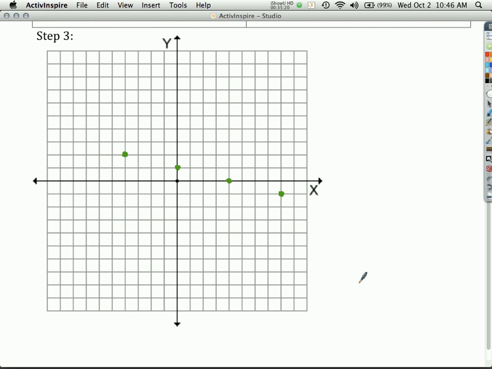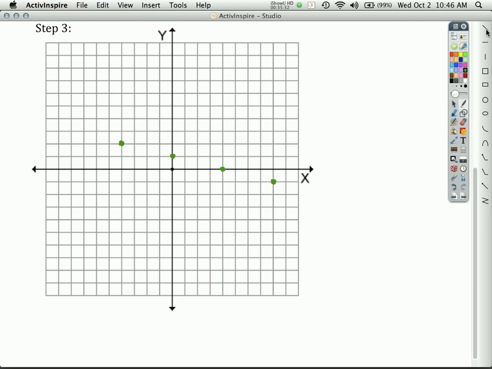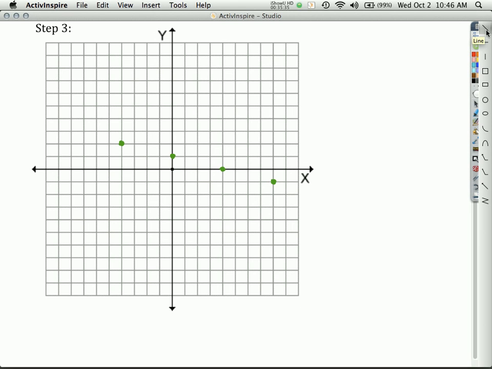Since we are talking about linear equations, you should see the points in a line. If you don't, that means you made a mistake somewhere, most likely. Now we're going to connect the dots. And the reason we connect the dots now is because we can assume that everything in between is a solution, because we were not given a specific domain.